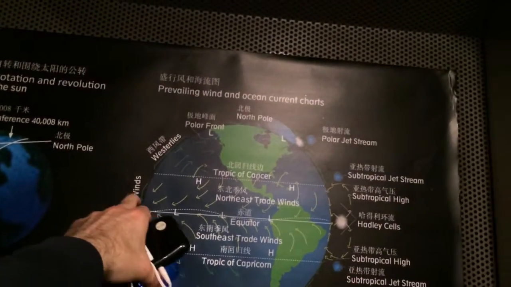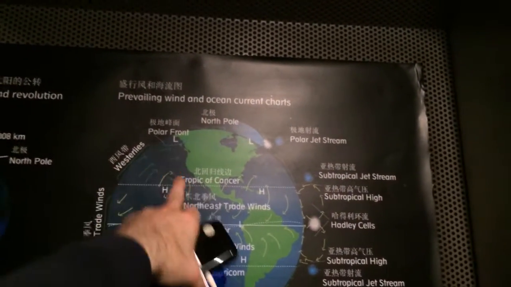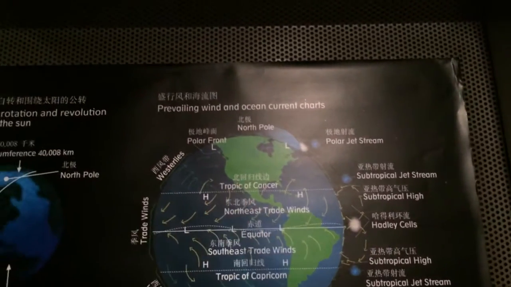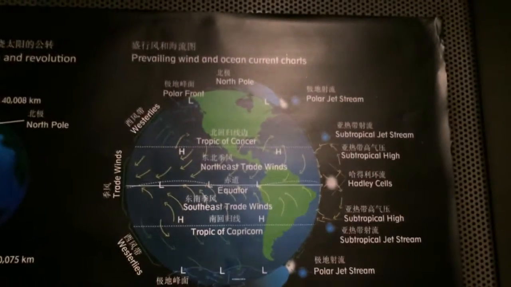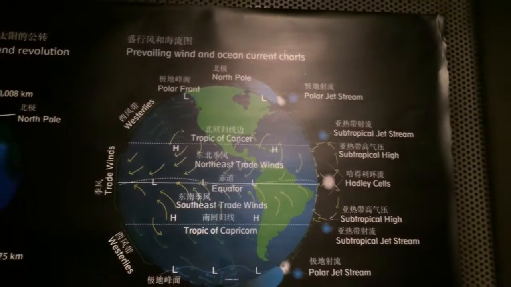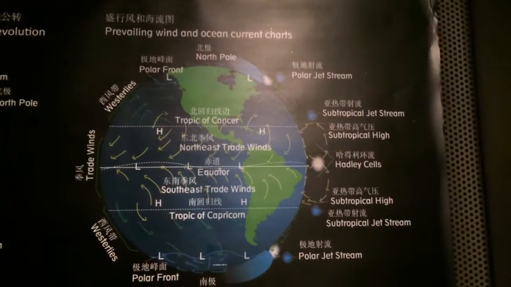Then I gotta circle back around northerly. If I want to get home, I could land in San Francisco. Follow those trade routes.